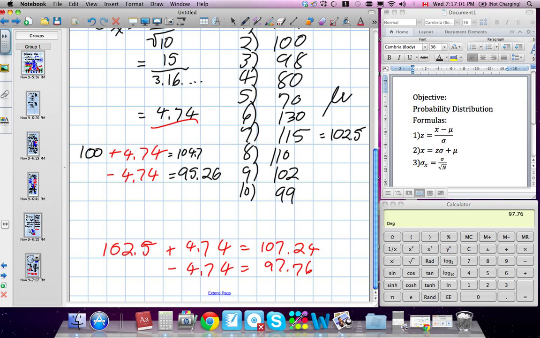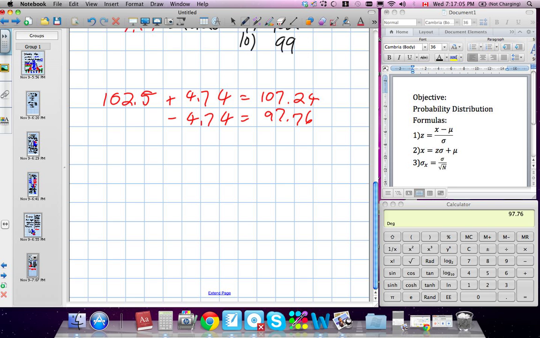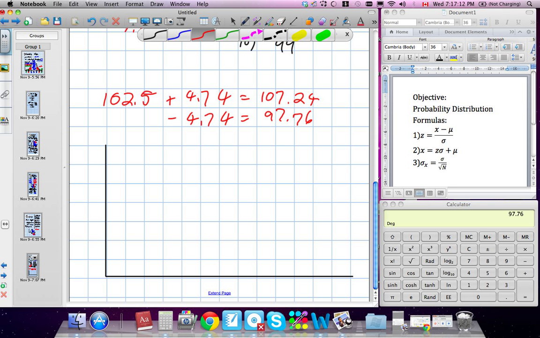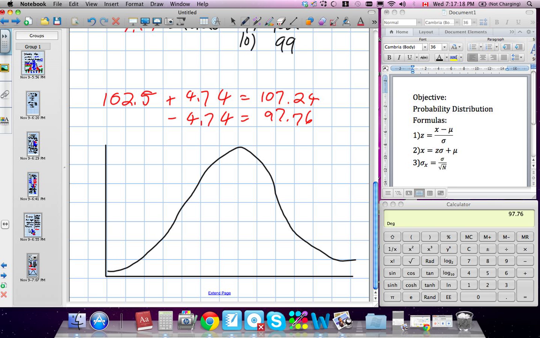Say we're trying to find an IQ average because we didn't know what it was. We took 102.5 plus 4.74 and got 107.24, and 102.5 minus 4.74 is 97.76. This is our standard error, okay? So in other words, this is our deviation from the mean. These represent one deviation.